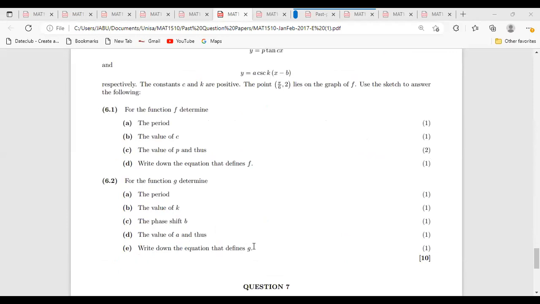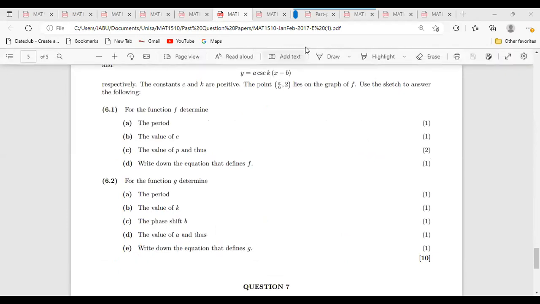E. Write down the equation that defines G. So let's write it down.